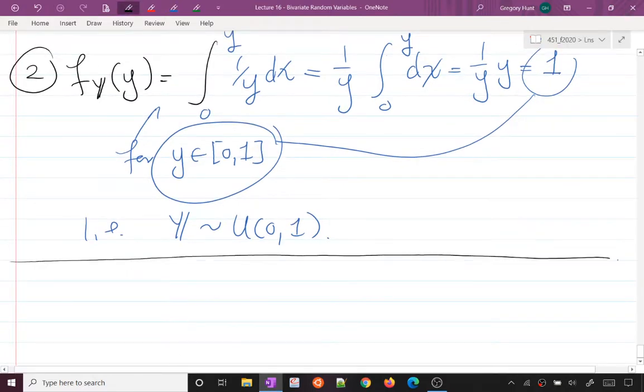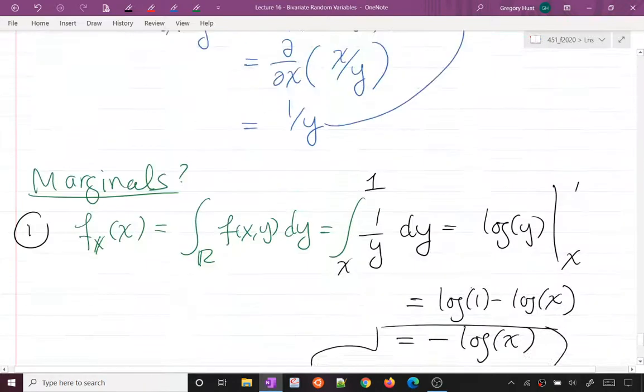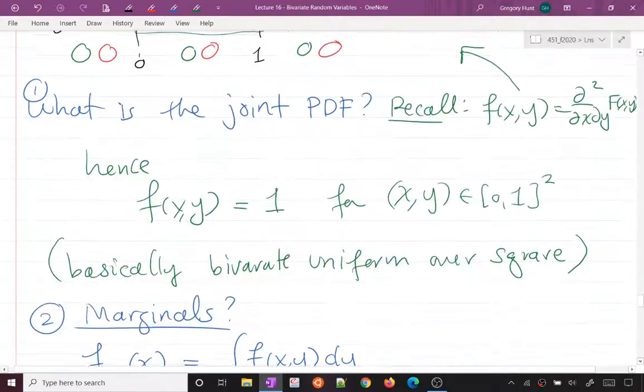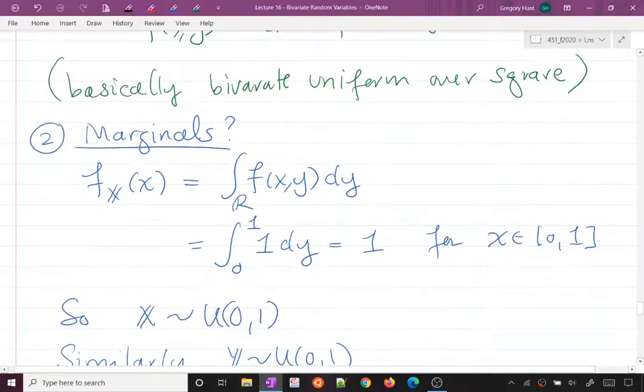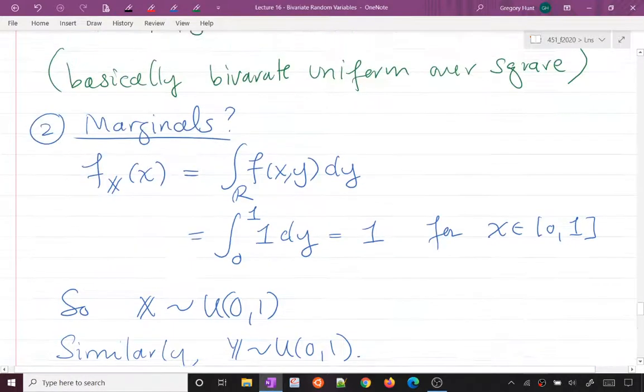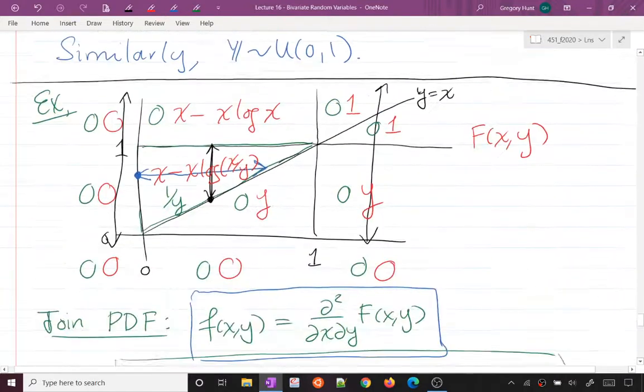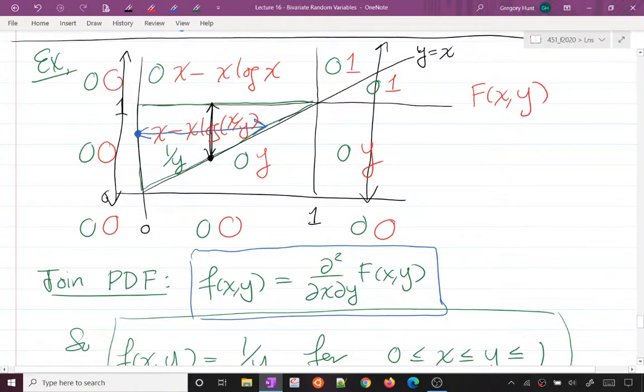Okay. So that's 2 examples of the relationship between the joint CDF and the joint PDF. To get the joint PDF, I take partial derivatives. And if I want the marginals, I just have to do some integration problems. It could be easy, like in the first example, or I might have to set up a Calc 3 problem.